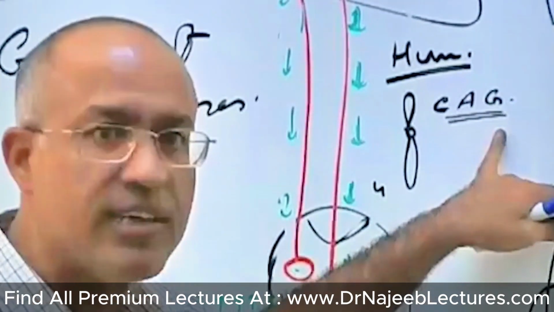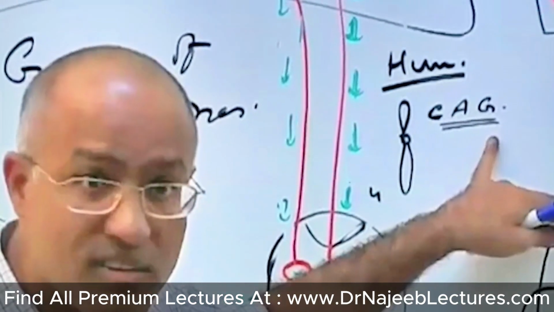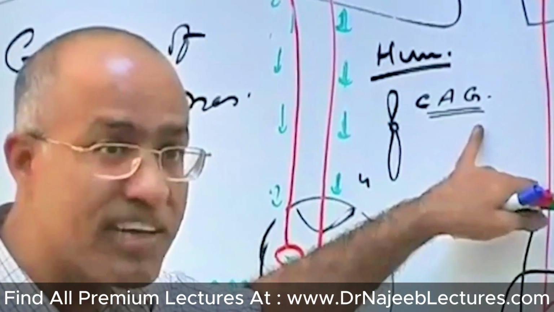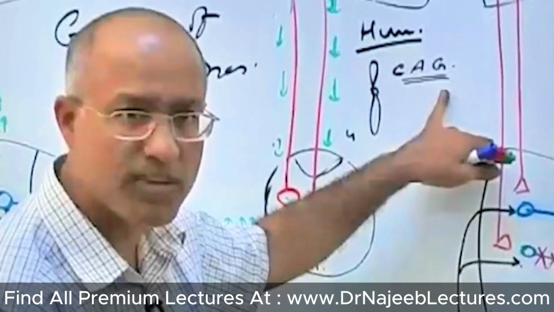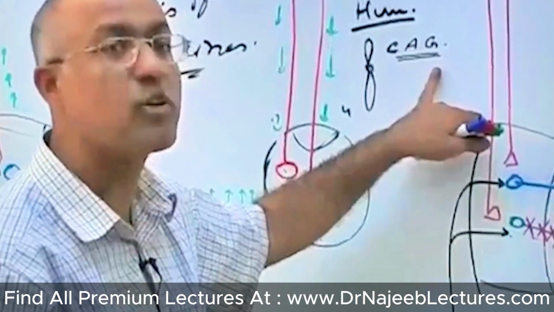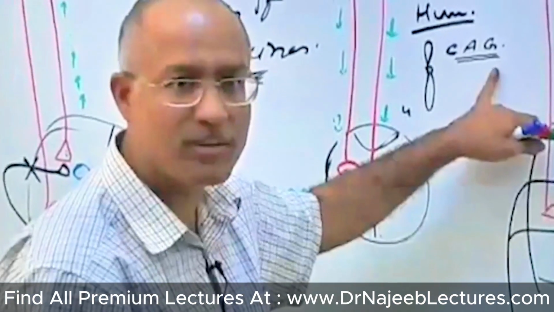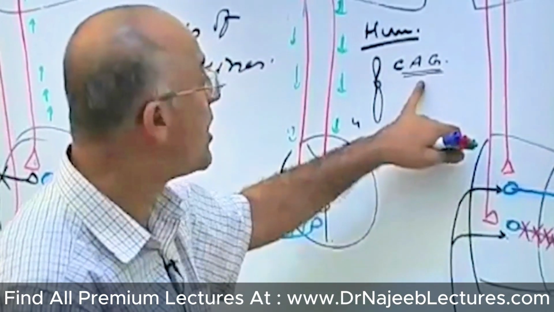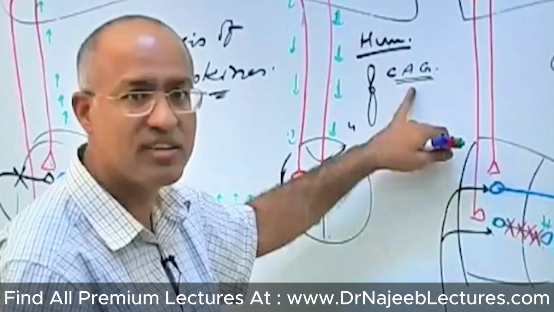That toxic protein damages the GABAergic neurons as well as cholinergic neurons. Is that right? So what will be the result? Basal ganglia dysfunction, and that will result in choreiform movement. With that, these patients also develop depression and dementia. Is that right? And in Huntington's chorea, all the features of trinucleotide repeat diseases are there.